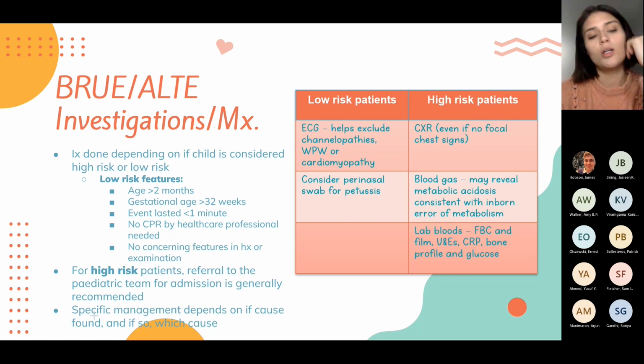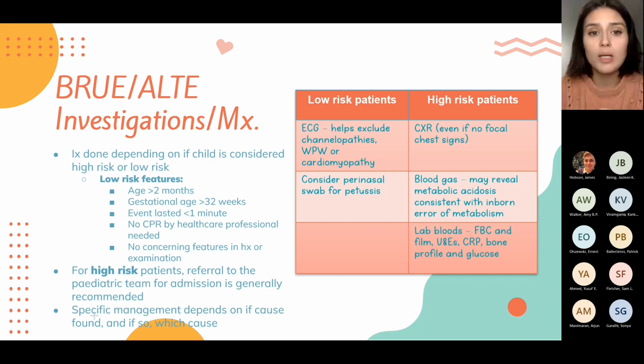So you can assess whether they're high risk or low risk patients. Low risk features typically are if they're older than 2 months, if they were born after 32 weeks, so they're not super premature, if the event lasted less than a minute, they didn't need any CPR by a healthcare professional, and if there were no real concerning features in the history or examination.